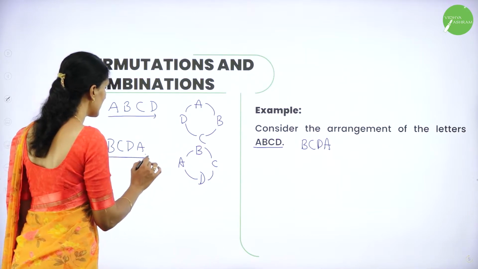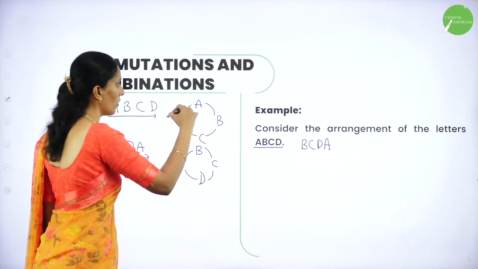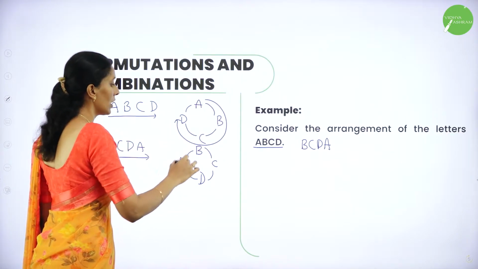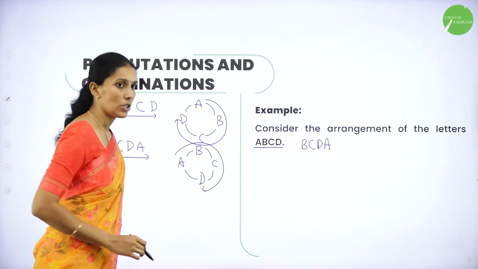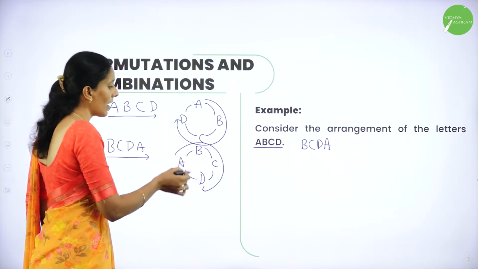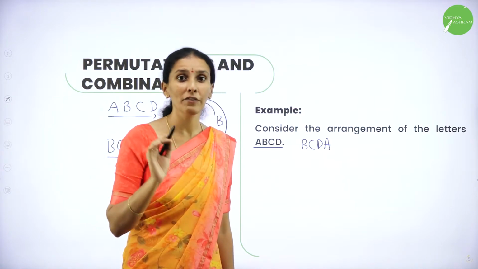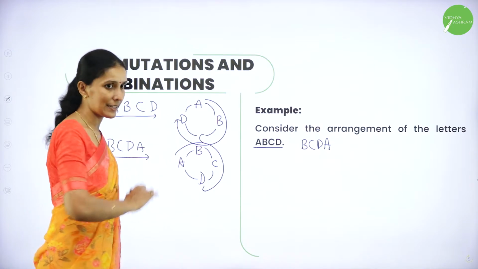See, this is the second arrangement. But observe the circular permutation here, with cyclic rotation. A, B, C, D, even though you have changed the order, is the same as A, B, C, D. So in circular permutation, a number of arrangements are considered as 1. Every 4 arrangements in circular permutation for this example are considered as 1.